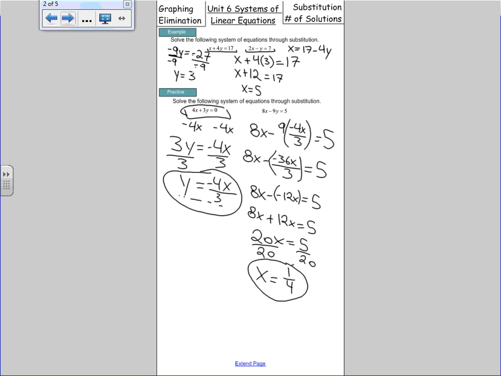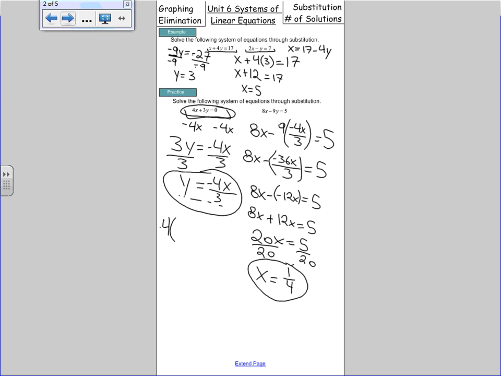That means I'm going to have 4 times 1 over 4 plus 3y. Whoa! What am I? Oh yeah, that's right. I'm confusing myself now. 4 times 1 over 4 plus 3y is equal to 0.